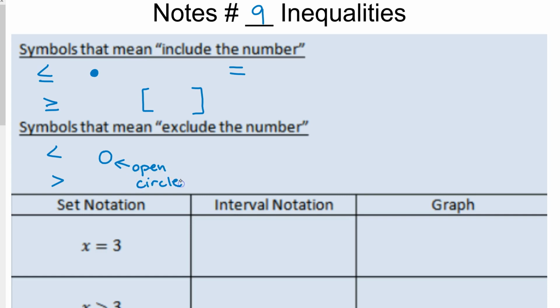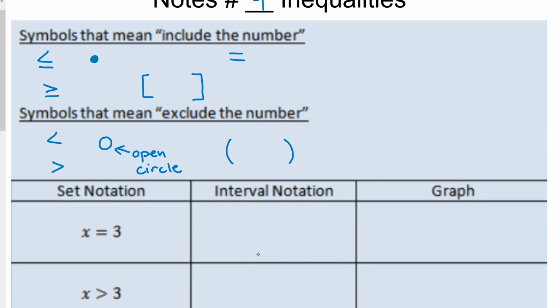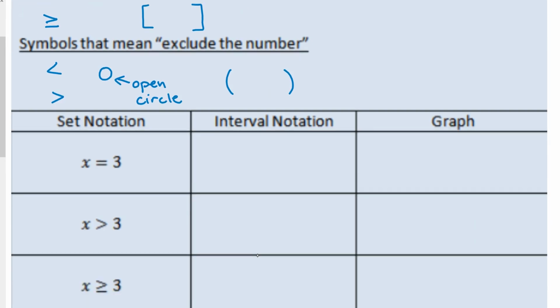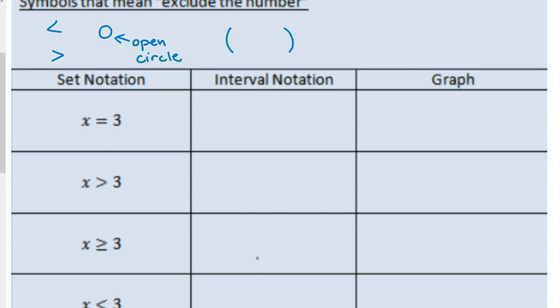With interval notation, instead of square brackets, you would use round brackets if you're not including the endpoints. Now sometimes we include one endpoint and not the other, so one of them will be round and one of them will be square. Okay, what we're going to do is take a look at some examples of set notation, and then we'll write their corresponding interval notation, and we'll also draw the graph.